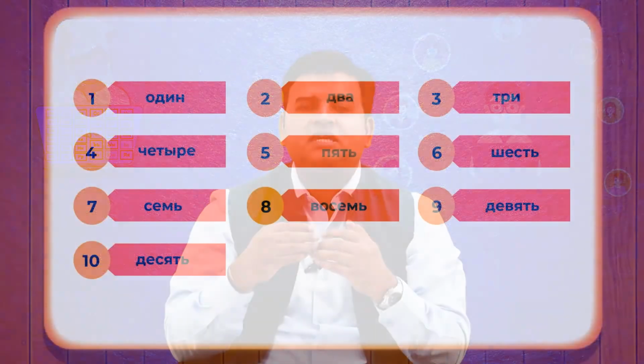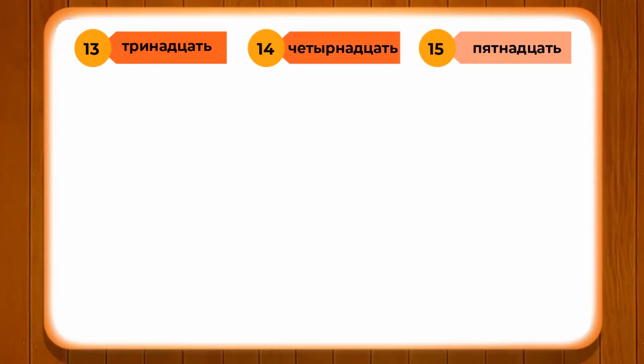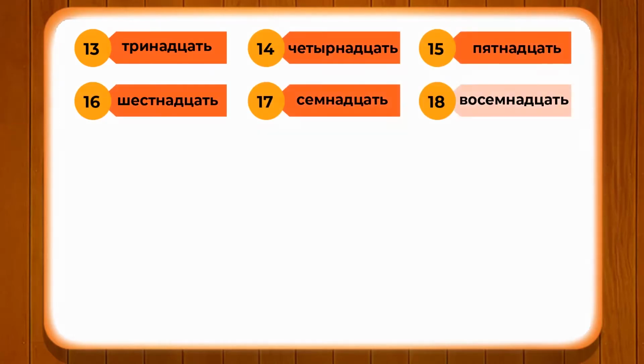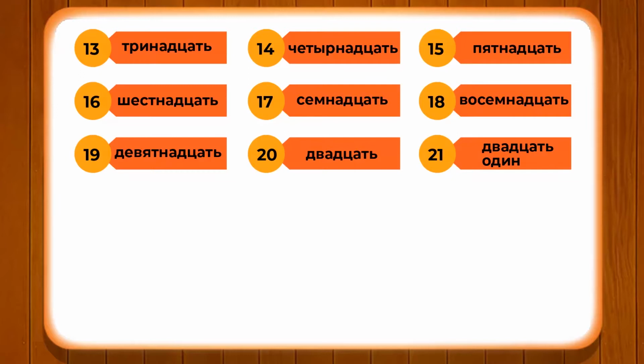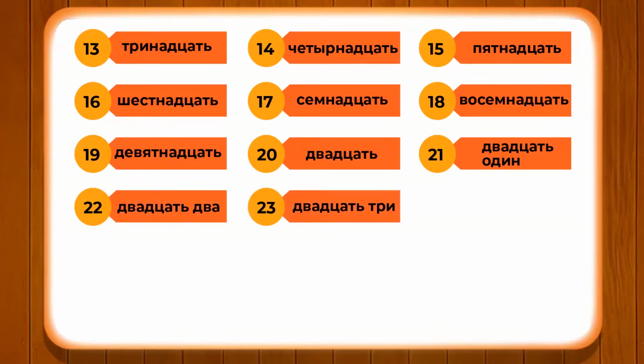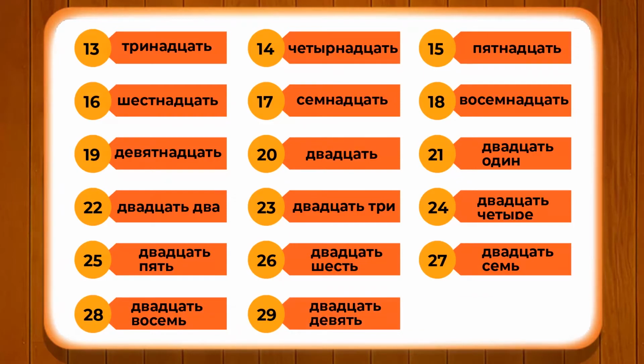Now we will go to 11. Then we have 12, 13, 14, 15, 16, 17, 18, 19 and 20. From 11 to 20 we have counted, and then 21, 22, 23, 24, 25, 26, 27, 28, 29 and 30.